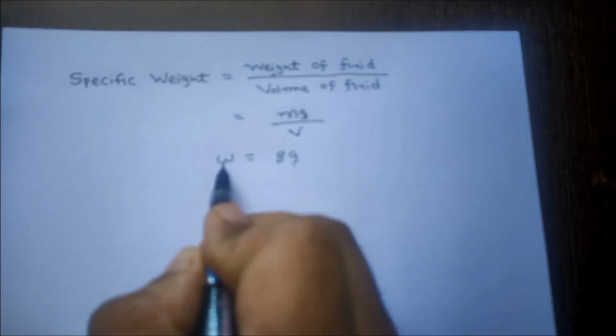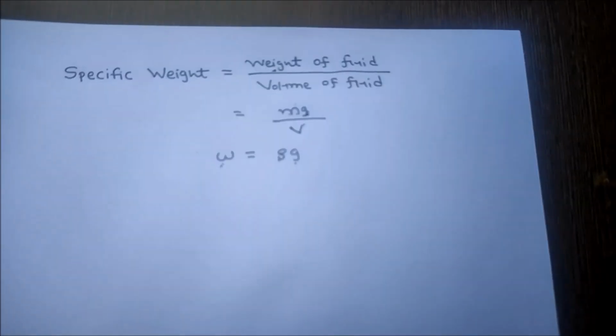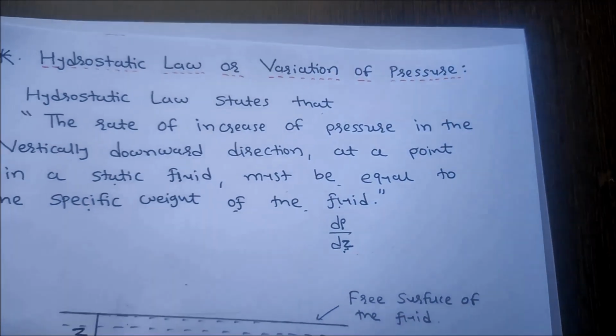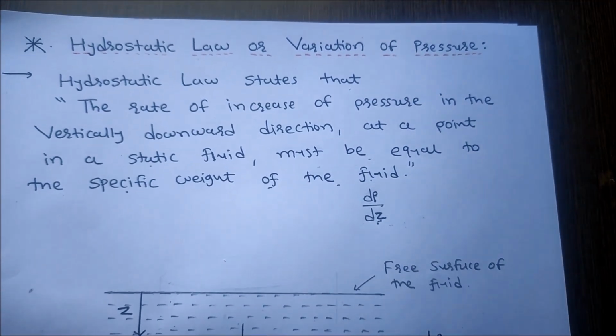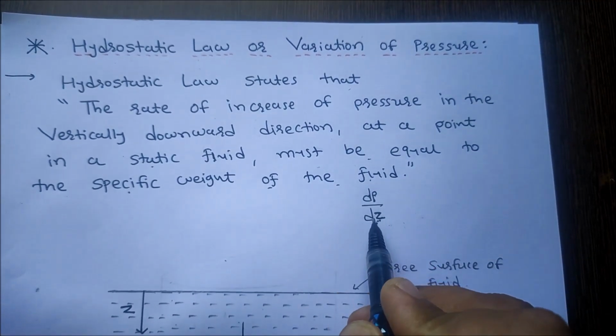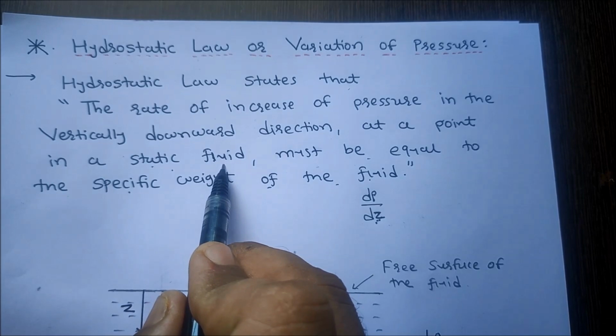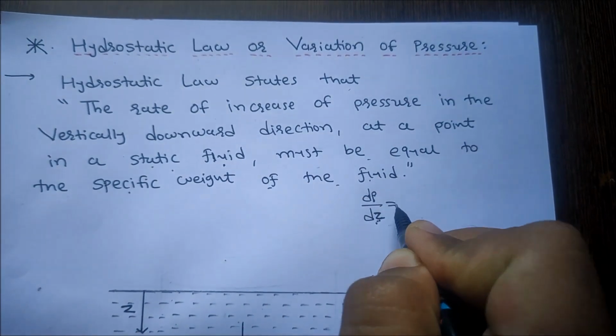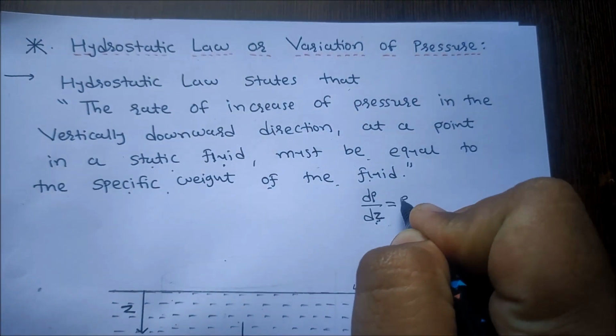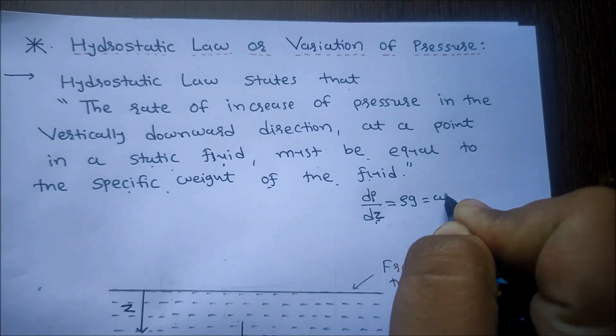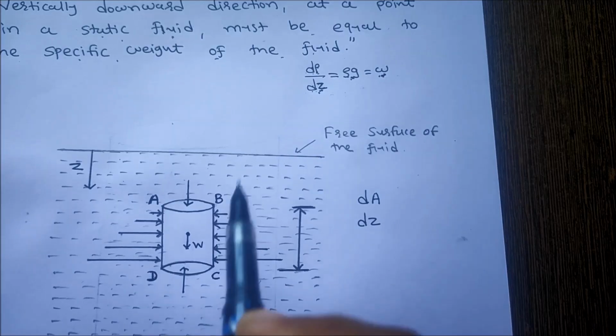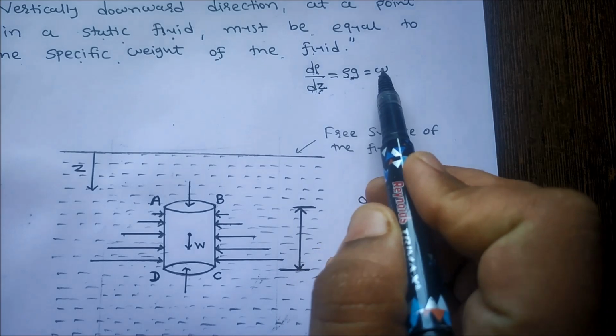So specific weight W is equal to rho g. So the rate of increase of pressure in the vertically downward direction, dP by dz, at a point in a static fluid must be equal to the specific weight of the fluid, that means rho g is equal to W.